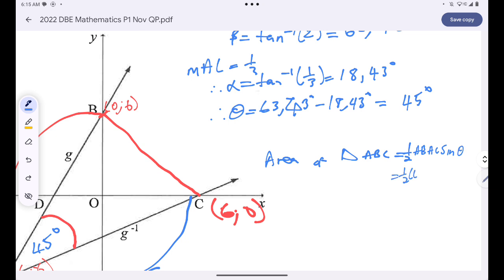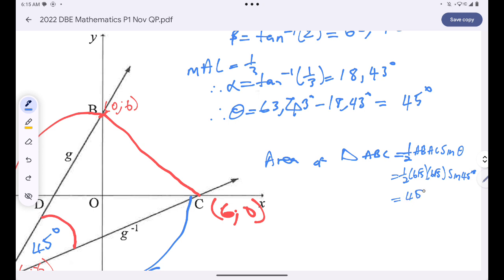So it's 1 over 2, 6 root 5 times 6 root 5 multiplied by sine 45 degrees.